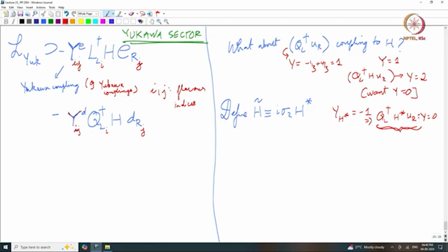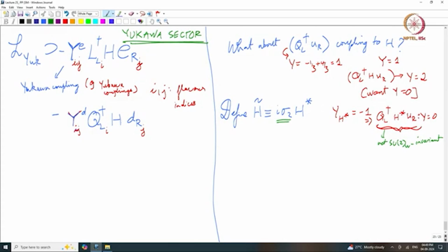Why? Because this term is not yet gauge invariant under the SU2. I have to do something slightly different in order to get an SU2 invariant term. And it turns out that that slightly different thing is this, and it will become intuitively clear when I work out what happens under SU2 transformations. Okay?